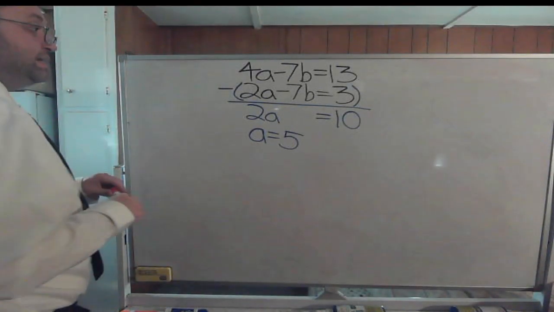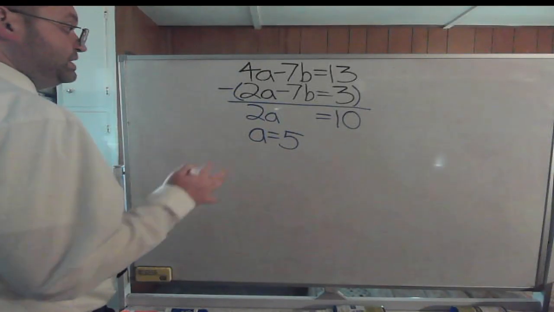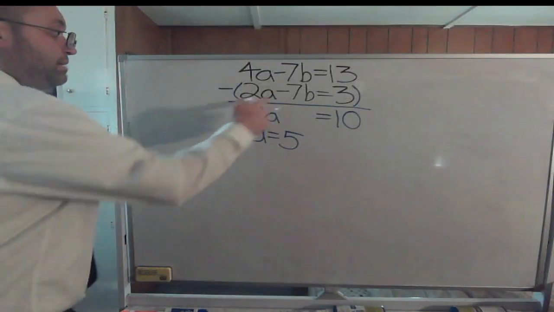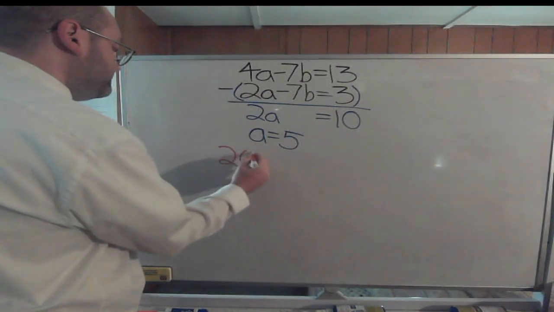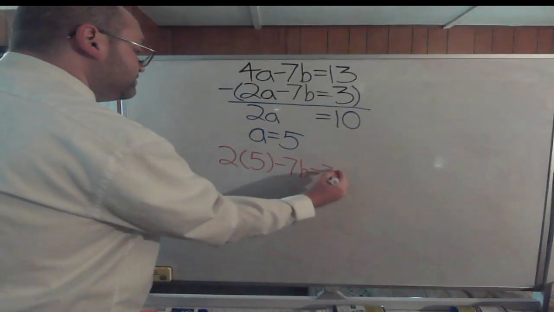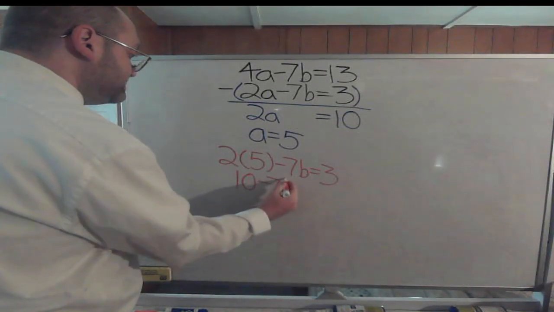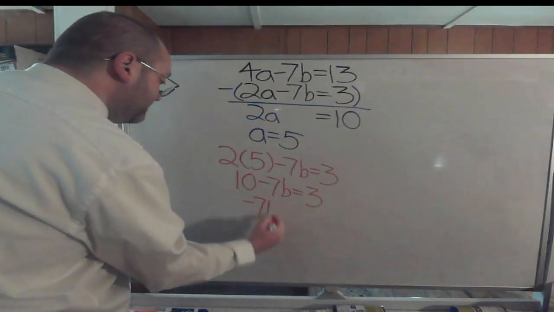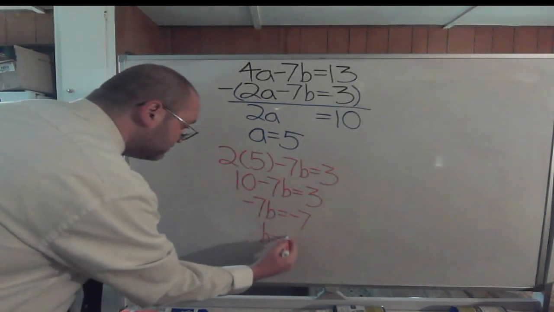Now we want to find the b coordinate for the solution. All we have to do is put the a value into one of these equations. I'm going to go with the 2a minus 7b equals 3. So you'll have 2 times 5 minus 7b equals 3, which means you would have 10 minus 7b equal to 3, which would give you negative 7b equals negative 7, which means b equals 1.